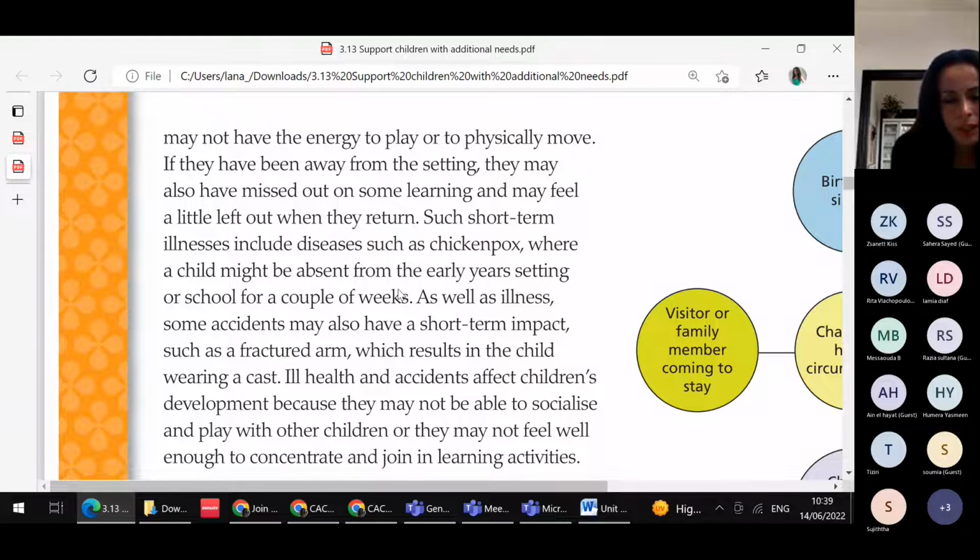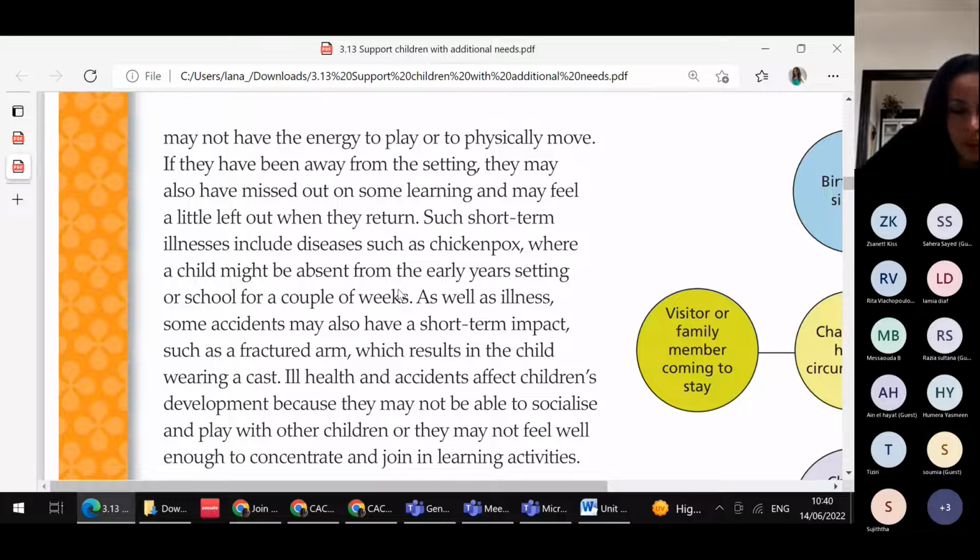Also, for example, illnesses like chickenpox. If the child has got this, he will be absent from the nursery or the school for a couple of weeks. That would affect the child. He wouldn't be feeling happy. He will feel frustrated. He wouldn't be developing like others.